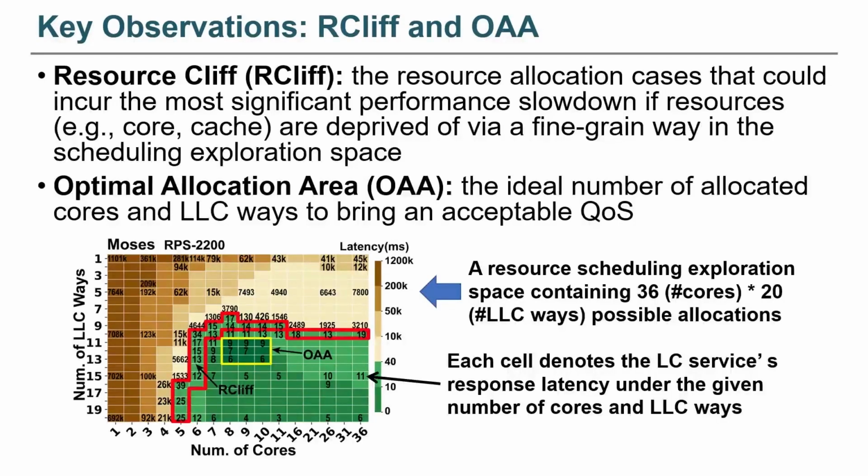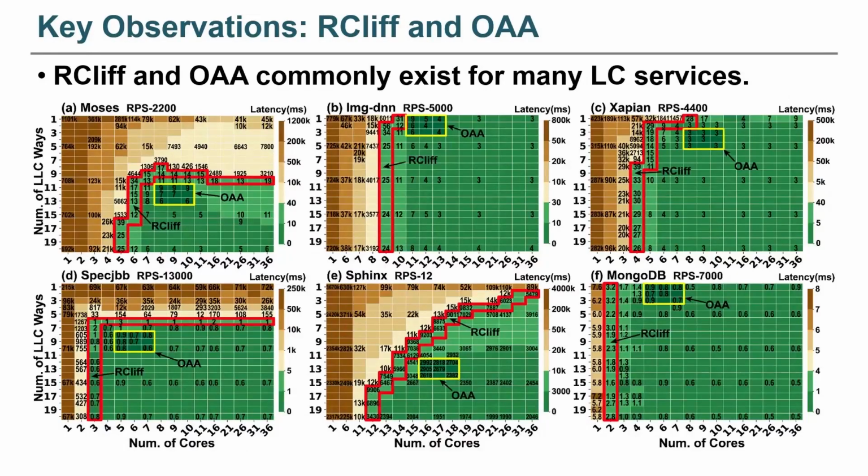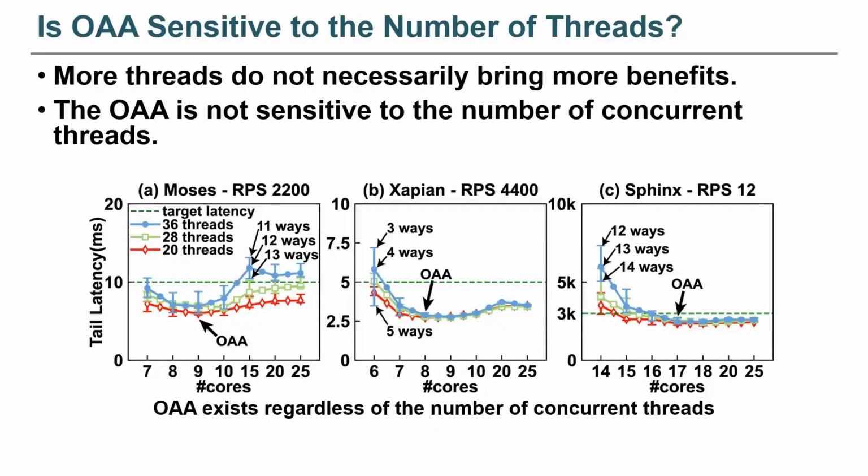OAA denotes the ideal number of allocated cores and LLC ways that can bring an acceptable QoS. OAA is a goal that the schedulers should achieve. We investigate many commonly used services. We find the RCliff always exists. We also show that OAA is not sensitive to the number of concurrent threads.